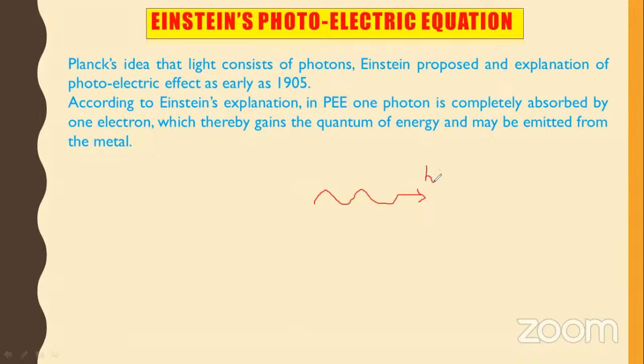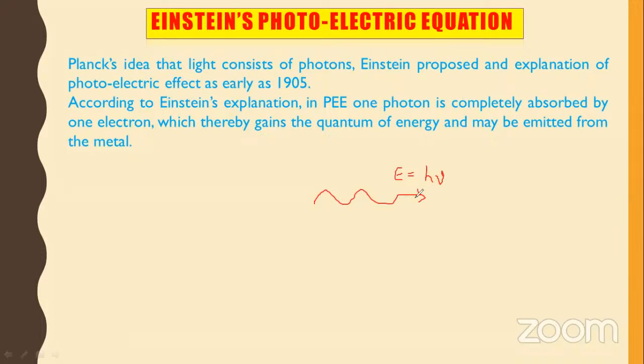What is the energy of the photon? h nu, which must equal E, where h is Planck's constant and nu is the frequency of the photon. So this is the light energy.